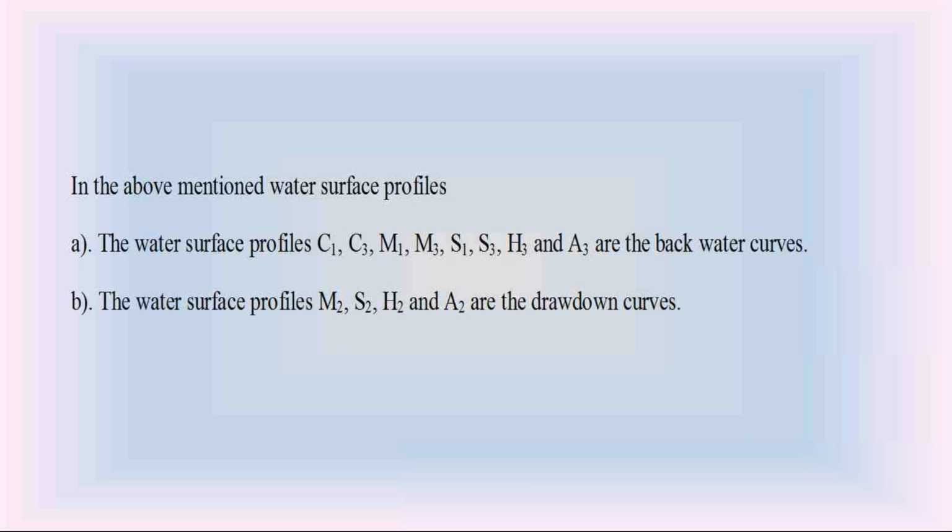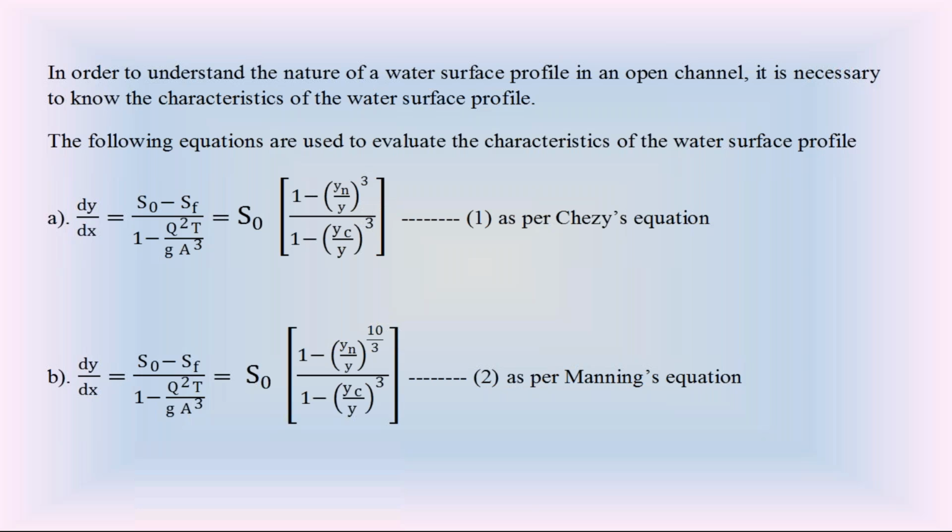Now, I am going to explain why some water surface profiles are rising and why others are falling. In order to study the nature of these water surface profiles, we are using the dynamic equation of gradually varied flow in wide rectangular channels.